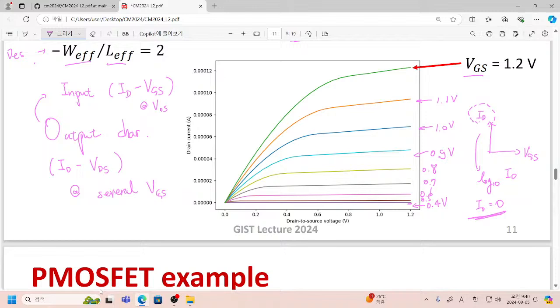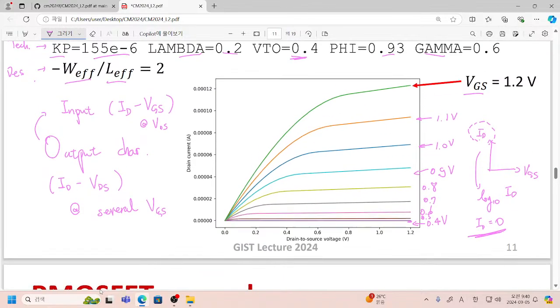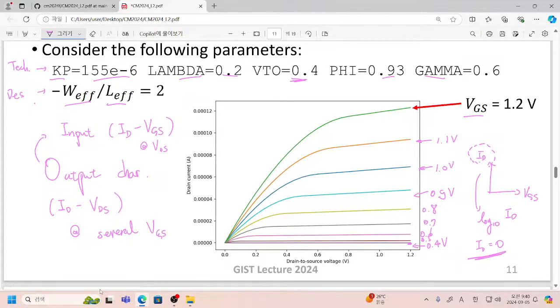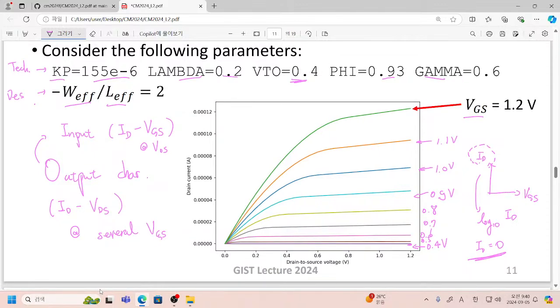So that gives us a completely wrong result. So I'm just hiding that weak point of this simple model. Of course, in reality, you should not use this kind of too simple model. You have to have a good enough model to describe the cutoff region.